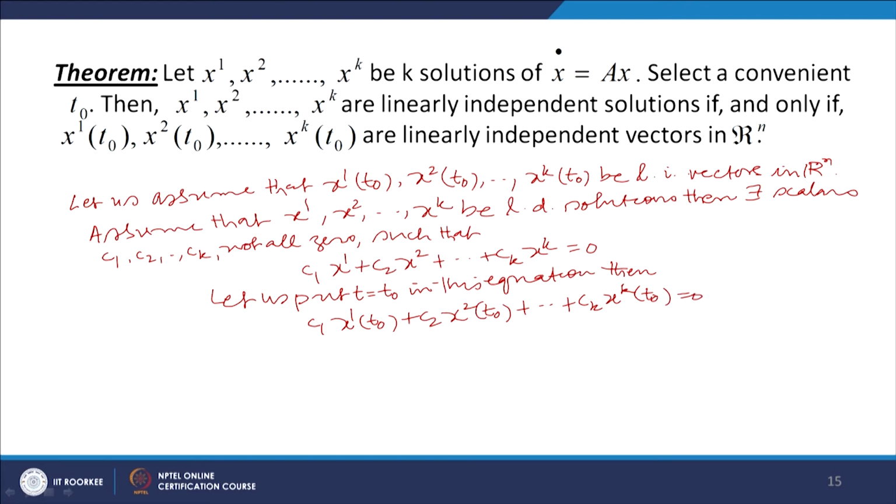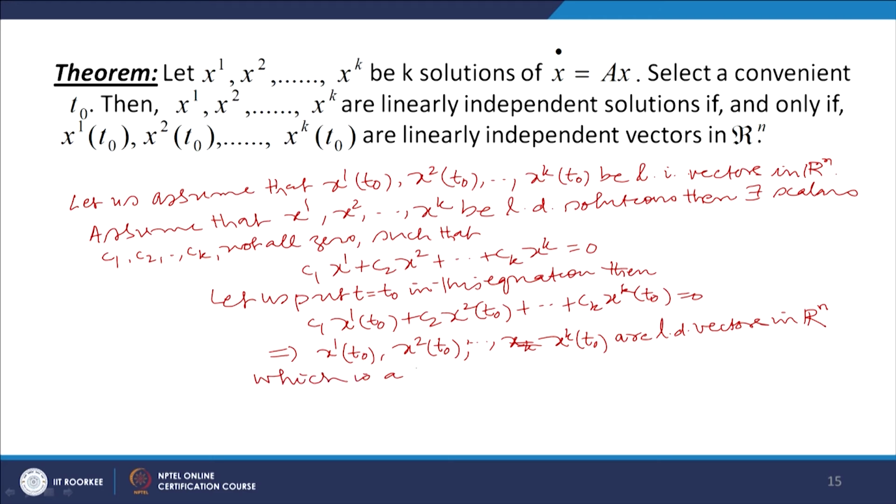Then we get C1 x1(t naught) plus C2 x2(t naught) and so on Ck xk(t naught) equal to 0, okay, which implies that the k vectors x1(t naught), x2(t naught) and so on xk(t naught) are linearly dependent vectors in Rn. So, which is a contradiction, because we have assumed that x1(t naught), x2(t naught), xk(t naught) are linearly independent.